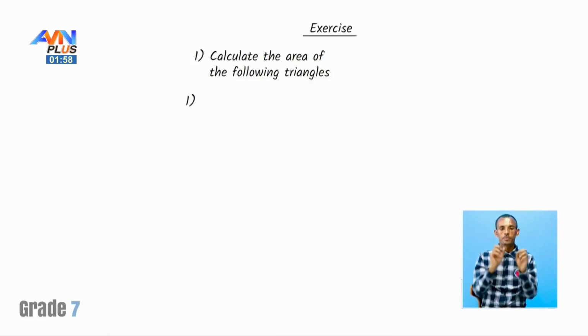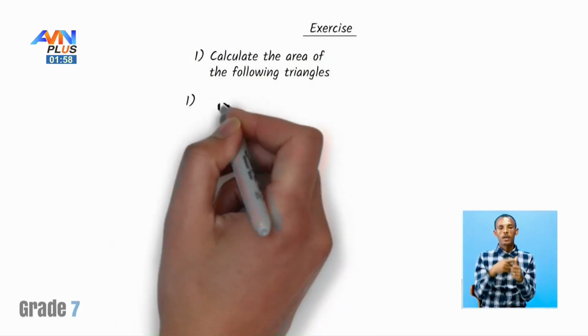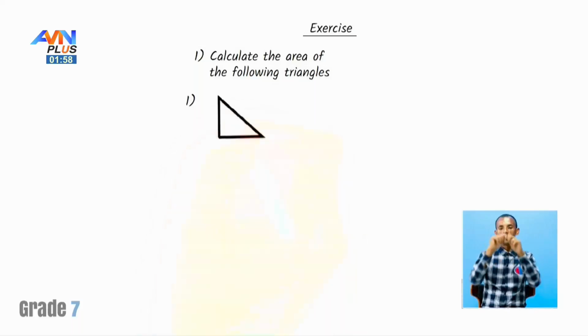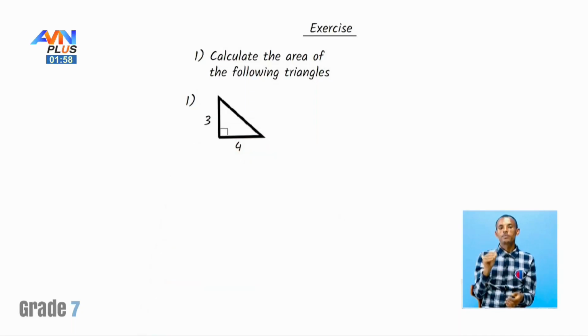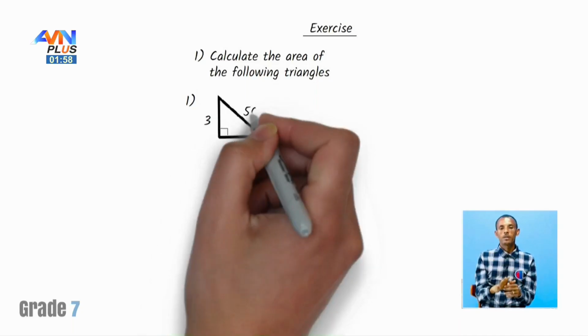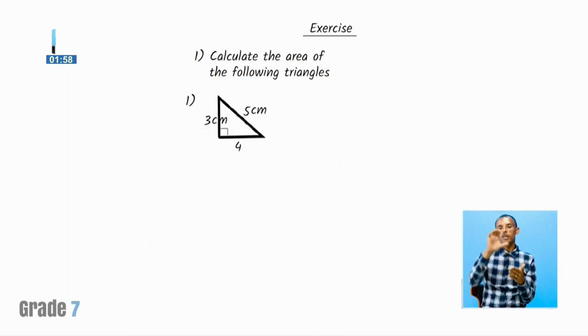Okay, the first one is this triangle that is given. This one is 3 units, this one is 4 and this one is 5. Just assume it is in centimeter. B, calculate the area of this triangle.